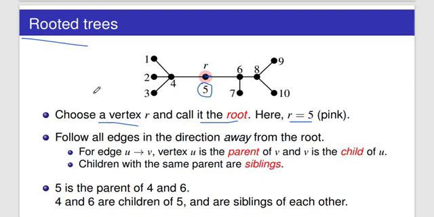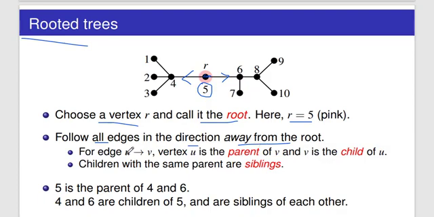Like in an actual tree we have a root, a main branch, then sub branches. Follow all the edges in the direction away from the root, like this.